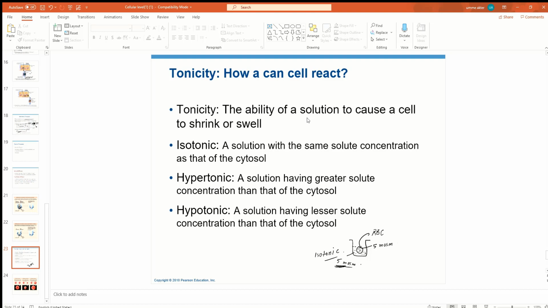So no need, right, of simple diffusion or osmosis because already the balance is here. So nothing will get in or out. So the shape of the red blood cell will not change. So in isotonic solution, the shape will not change.